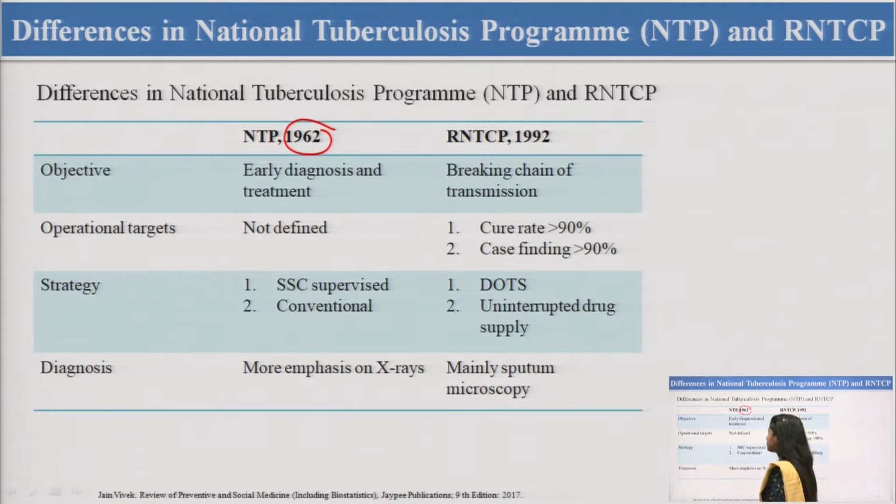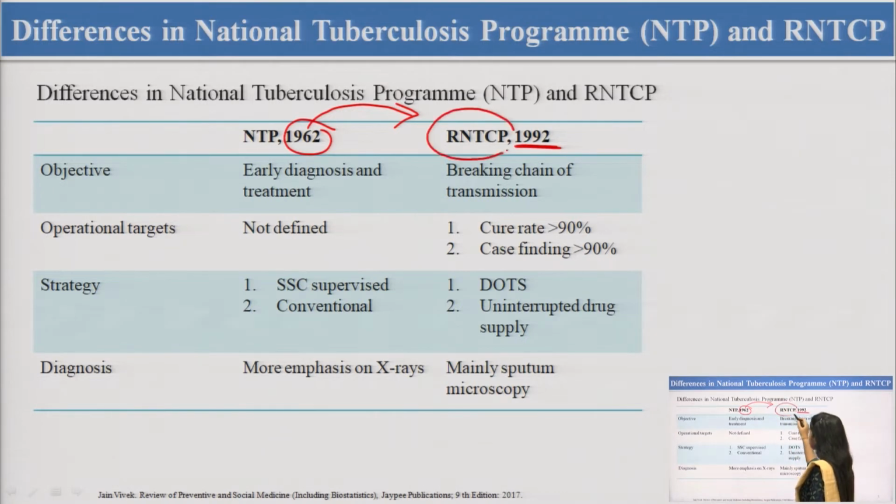We will see the differences in objective, operational target, strategy and diagnosis. After many years, there was a new program in 1992, known as the Revised National Tuberculosis Program. So, we have done the revision here.